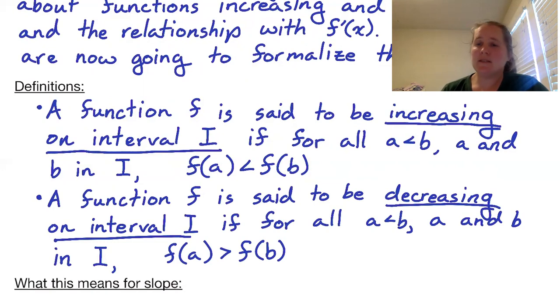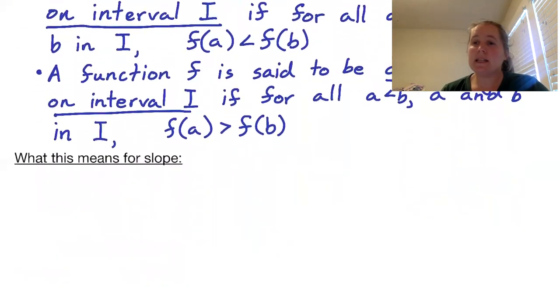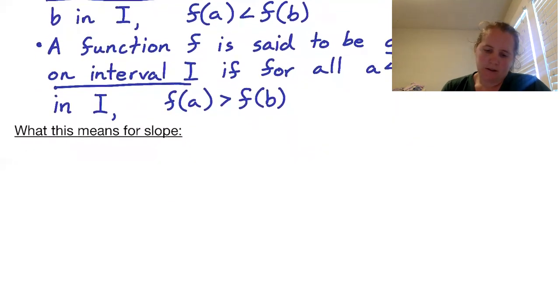So what does this mean in terms of the slope? If we think of secant lines, first let's do increasing.